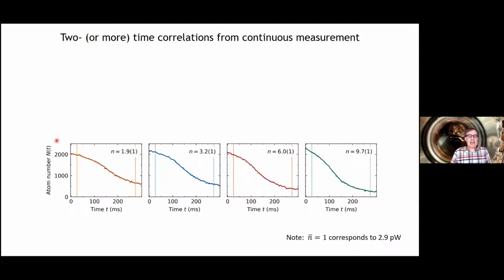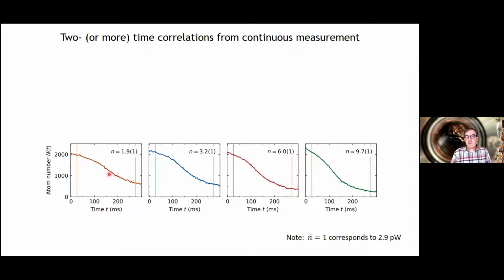We record the atom number by this feedback method that I just told you, and this trace is a real-time record of the atom number during this process for a single shot of the experiment. If we probe with more light, we get data that is a little less noisy because the shot noise level is lower. We also heat up the atoms during evaporative cooling because they're interacting with light, so we lose more atoms along the way. And that's a little bit of the trade-off that we're studying here.